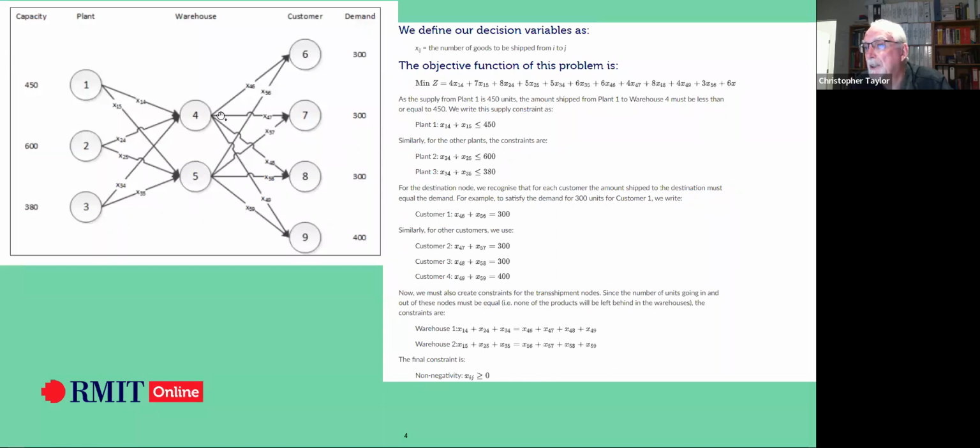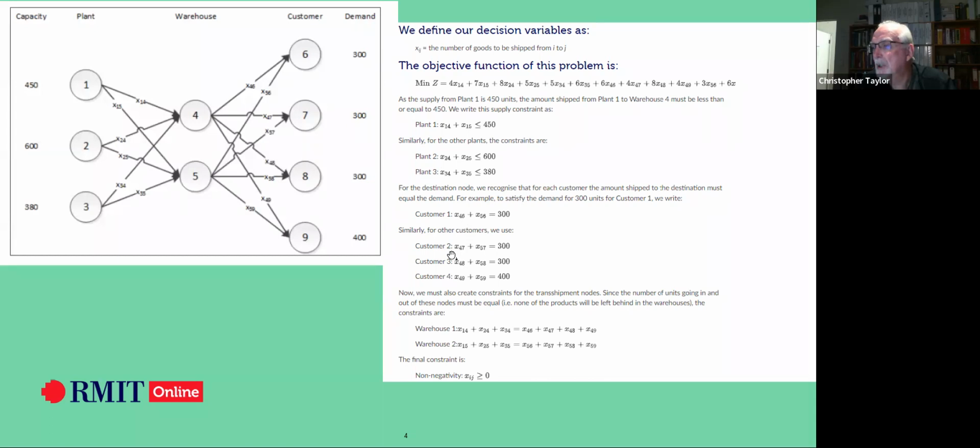This one can't exceed 300, or the demand is going to be less than 300, because that's the maximum. If you remember last week when we were talking about how many biscuits were sold, it had to be less than the actual capacity that could fit into the oven. It's the same sort of thing. So the demand is not going to be greater than 300, so it's got to be less than 300.